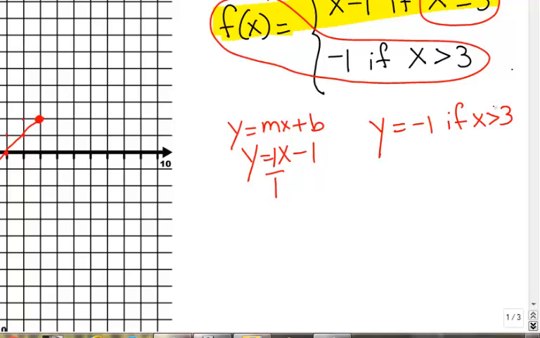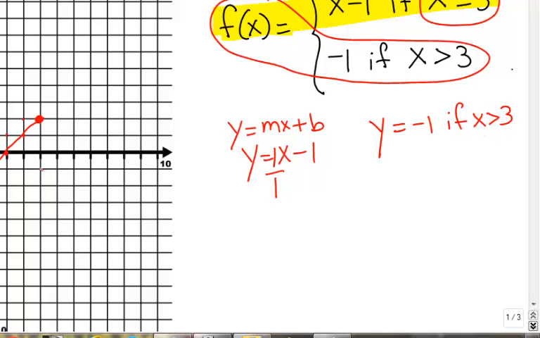What's y equals negative 1 going to graph? Y equals a number: a horizontal line. So at y equals negative 1, it's going to graph a horizontal line, but it's only true for x greater than 3.